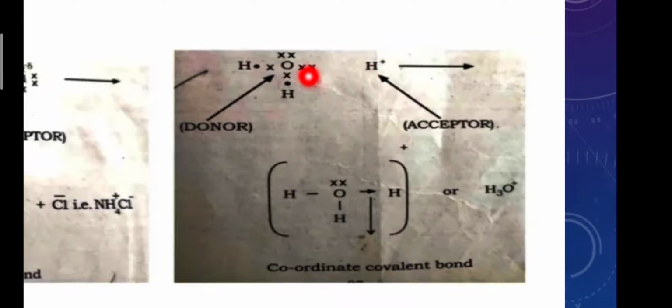Both the electrons are supplied by a single atom. Consider that in covalent bond, sharing of electrons takes place. One electron is provided by hydrogen atom and the other electron is provided by oxygen atom. Similarly, it is also a covalent bond. One electron is provided by oxygen atom and the second electron is provided by hydrogen atom.